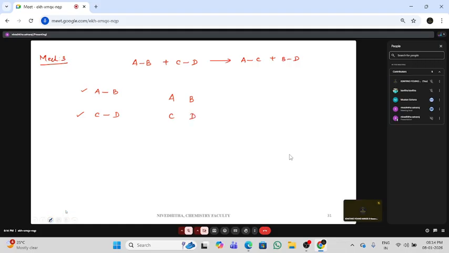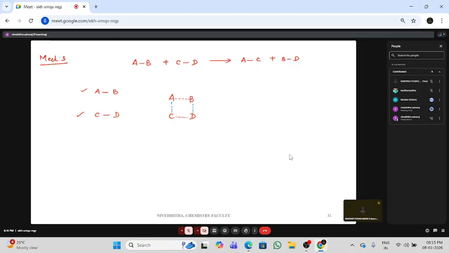When these two molecules are coming closer, a new attraction is formed between AC and a new attraction is formed between BD. So what will happen to the older bond? The older bond will start breaking. So here simultaneously older bonds are getting broken and new bonds are getting formed.